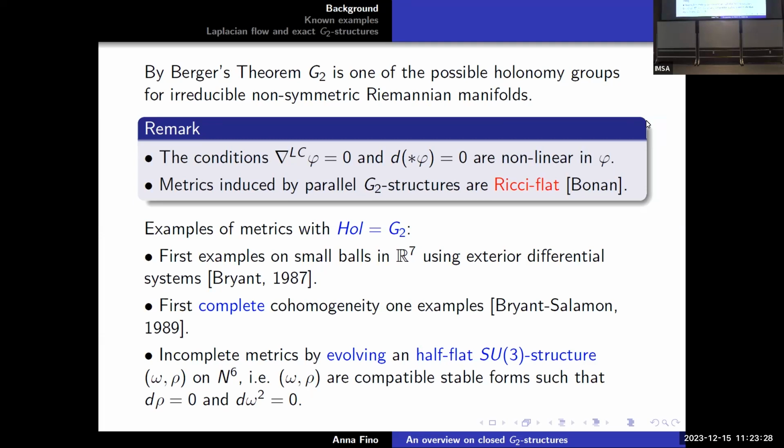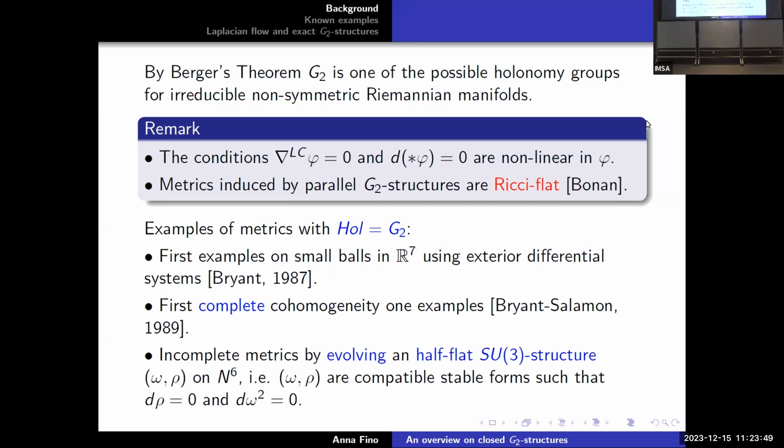With the SU(3) structure, you have a pair of a 2-form omega, which is non-degenerate, and a 3-form rho. So you can think that this 3-form is inducing a complex structure, and essentially the real 3-form is the real part of the (3,0)-form.